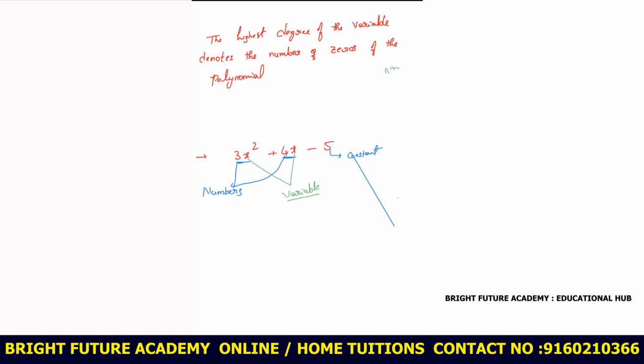Here, this is square, and here 1 will be there. What is this? Ma'am, x power square, x power 1. They are terms? No, not terms.